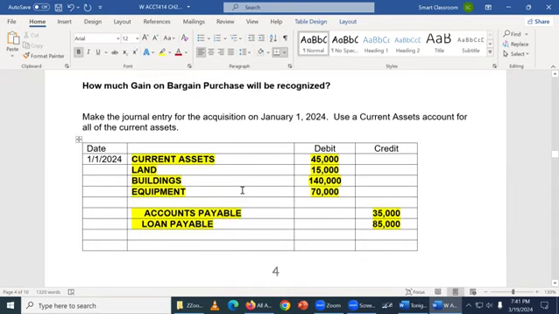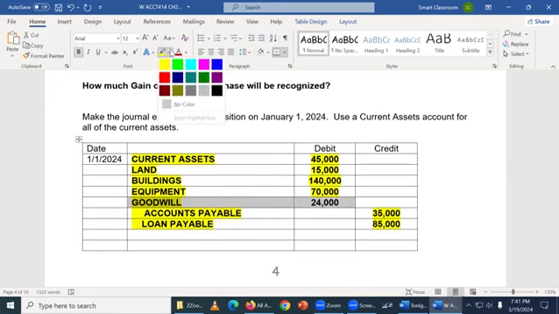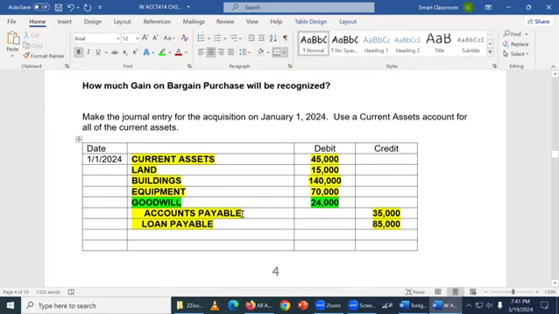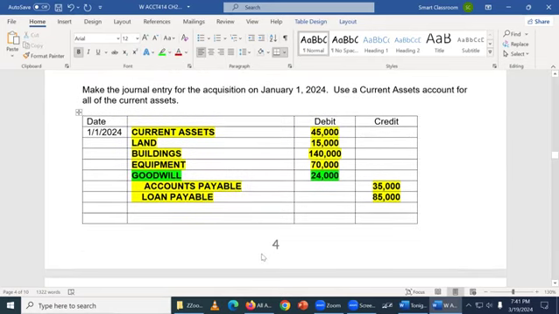I'll put it up here. Okay, so goodwill will be on the books for 24,000. How much will we take out of cash?